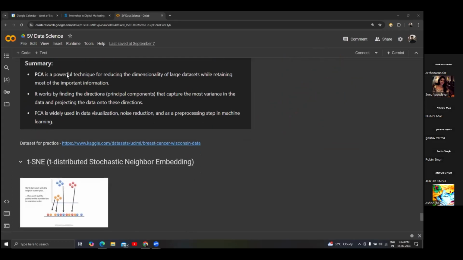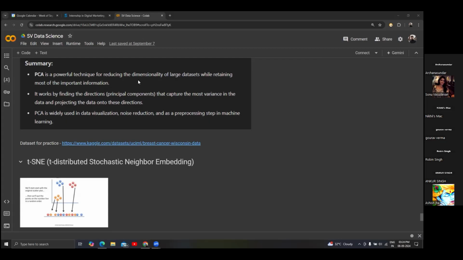What is the summary? PCA is a powerful technique for reducing the dimensionality of large datasets while retaining most of the important information. Okay, see, one thing is there: even if it is reducing the dimensionality of a lot of features, you still should not take data which has very many columns, right?